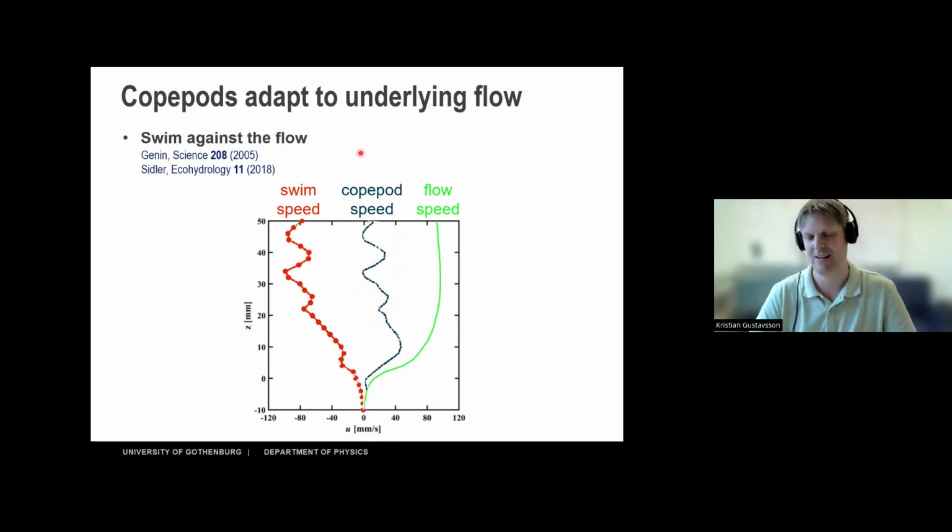It's not entirely known why this is done, but the hypothesis is that if they swim against the flow, they can maintain their absolute position in the ocean or in the flow current while encountering large fresh flow. So you get fresh flow with lots of hopefully food.